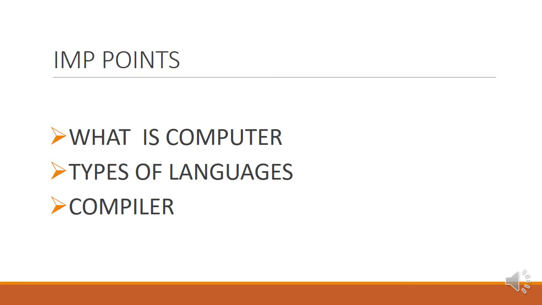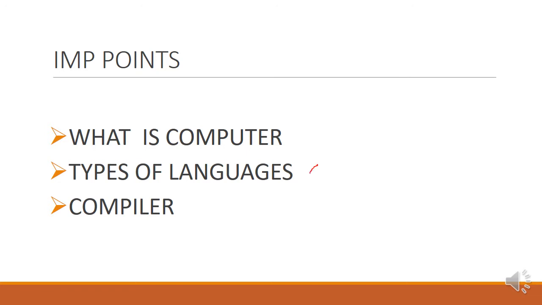Okay. So why am I saying that it gives the result in human recognizable form? For that, you should understand the types of languages. So which language does the computer understand? Computer understands the binary language. What do you mean by the binary language?